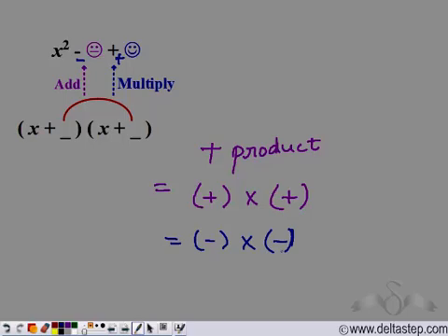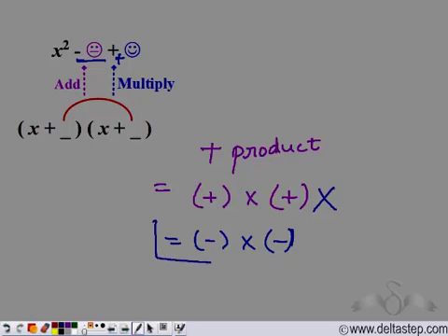What if you add two positive numbers? When you add two positive numbers, you get a positive number, but here we require a negative number. So we cannot use this. What if you add two negative numbers? When you add two negative numbers, you get a negative number.